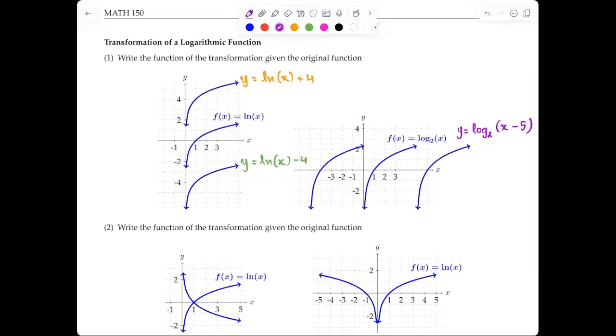Because you move it to the right, a horizontal shift, it affects the x value. It's 5. And you move it to the left by 5 units. The answer is y equal to log of base 2 of x plus 5.